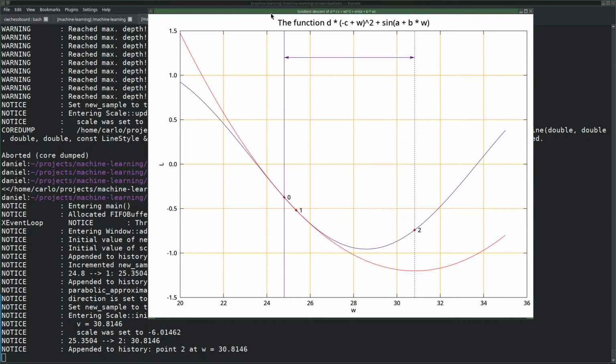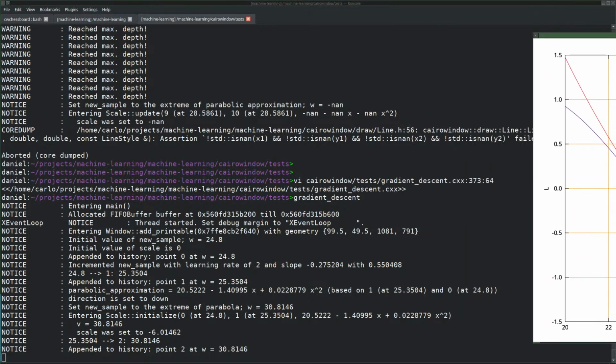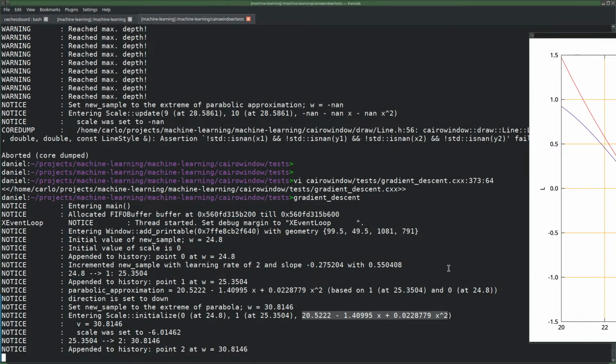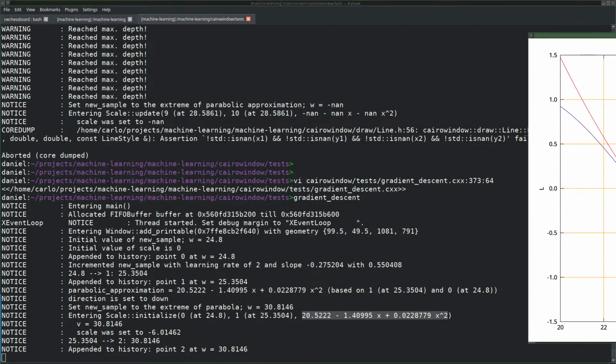Okay, so what do we have here? This is the scale. This is the parabola that is being used for it, and this is initialization.